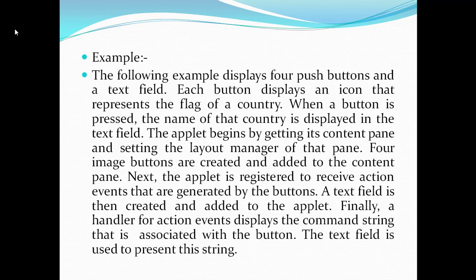Next, the applet is registered to receive action events that are generated by the buttons. A text field is then created and added to the applet. Finally, the handler for action events displays the command string that is associated with the button. The text field is used to represent this string. Like this, all the operations were done in the example.